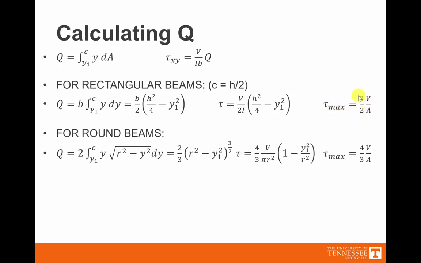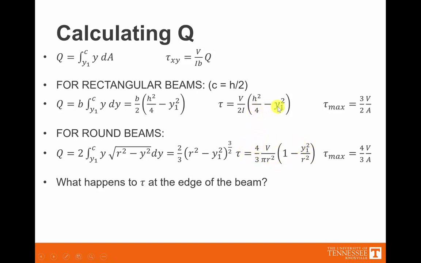For round beams, we've got a different tau max. It turns out to be 4/3 V over A. Okay, and now let's take a look just real quick at these equations. What happens to tau at the edge of the beam? So when R becomes closer and closer to Y1, this term becomes 1 and the tau goes to 0.